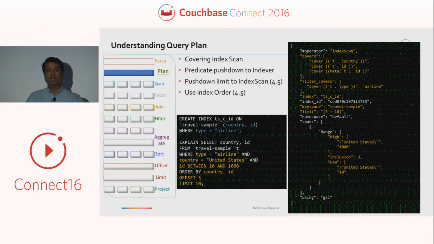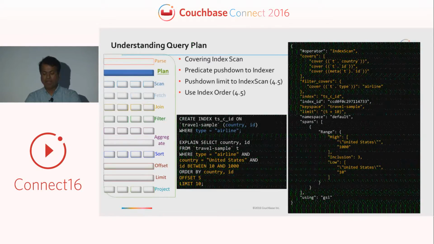That means this index covers the complete query. The additional thing you observe is cover meta ID. Meta ID represents the document key of the actual document. Every index entry has a pointer to the document key, so if your query is accessing meta ID, it's already covered. And then the filter covers, that is, the where clause on the index has a match.